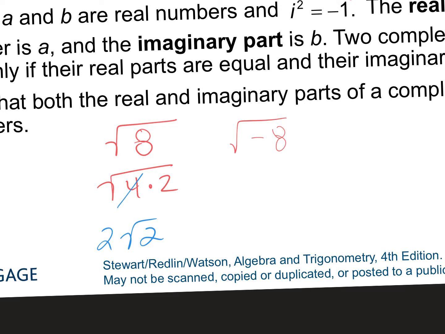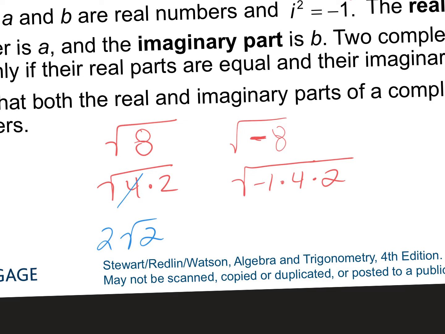So if I have the square root of negative 8, very similar problem. The only thing that's different is there's a negative underneath that square root. Now, up until yesterday, if you had a negative underneath the square root, what did you answer? No solution, okay? That's not the case anymore. When I pull this out, this is negative 1 times 4 times 2. The square root of negative 1 is your i. That's your imaginary.